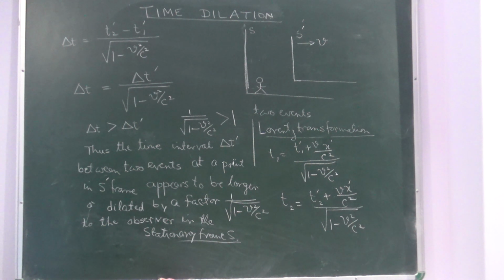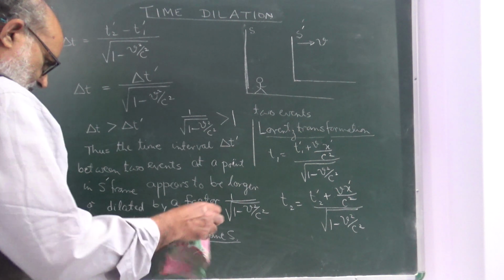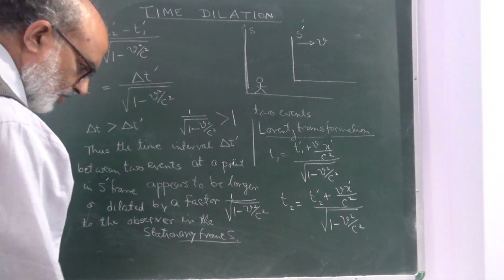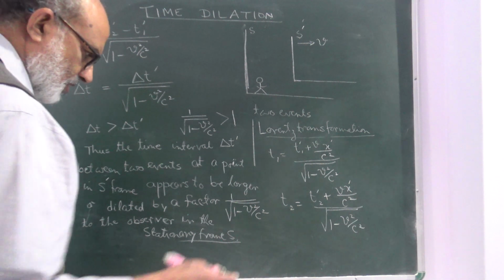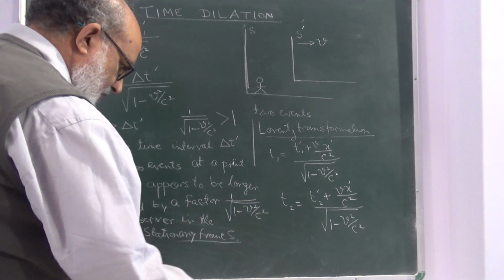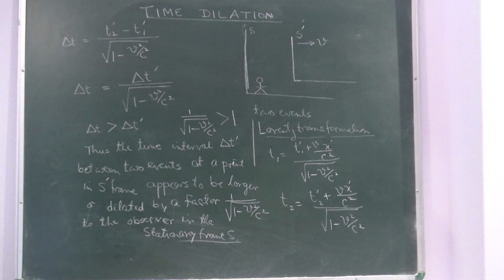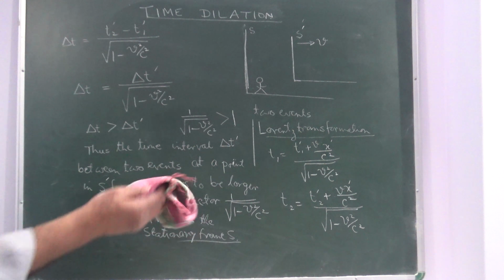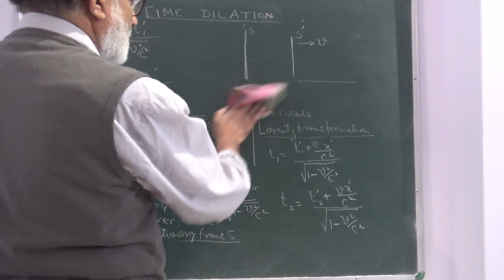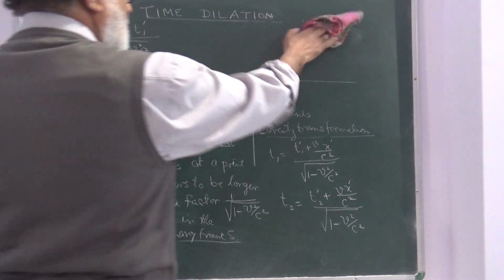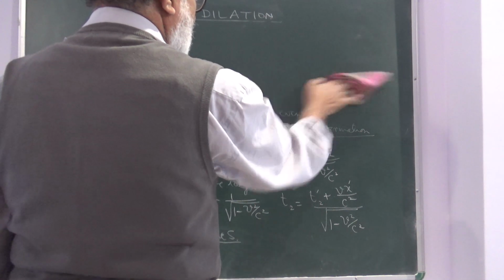Although these consequences appear to be funny because we are not accustomed to this type of transformation, and we wonder how a length can be shortened and how time can be dilated, experimentally it is proved. So there is no question of its verification, whether it's true or not. We will do an experiment and show how the time dilation is experimentally proved.